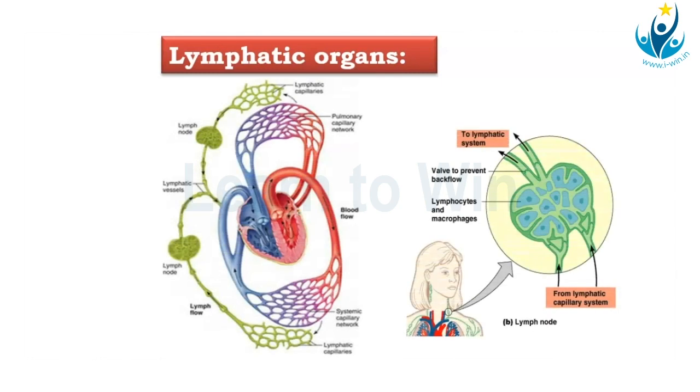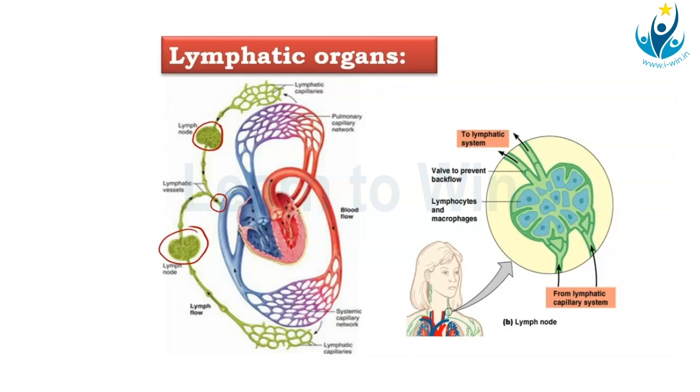Now let us see some lymphatic organs. As I've told you, sometimes from the capillaries to the vessels, before they join the veins in the ductal system, there will be these bulgy elongated structures called lymph nodes. In fact, when you are not well, let us say when you have fever or anything of that sort, and you go to a doctor, your doctor checks somewhere near the base of your neck.